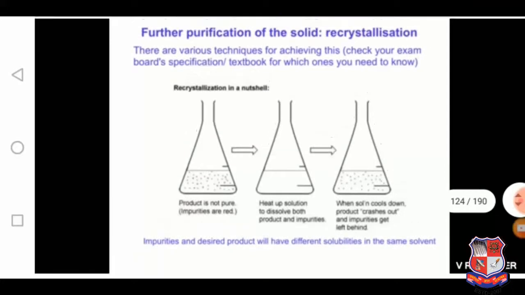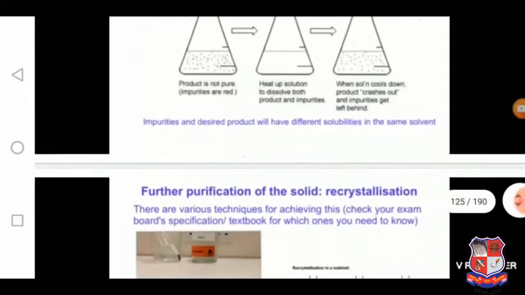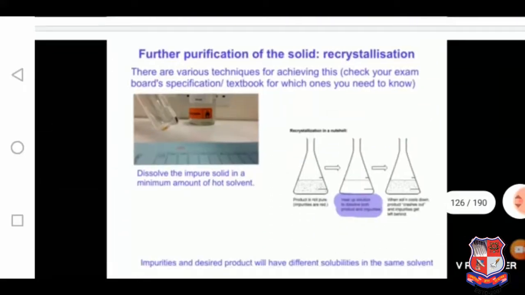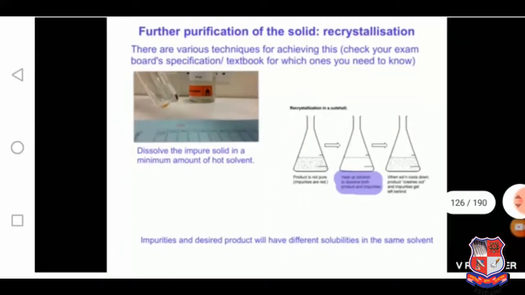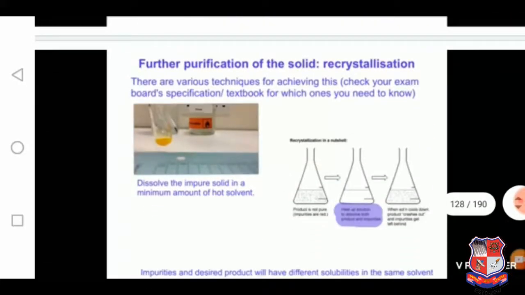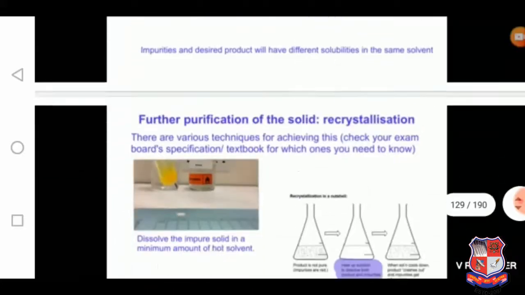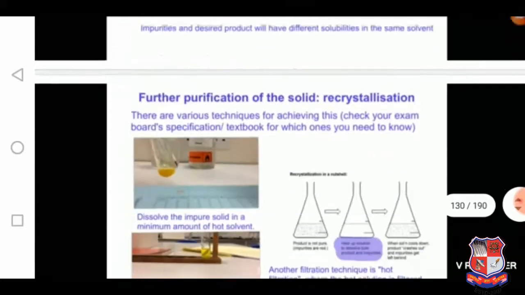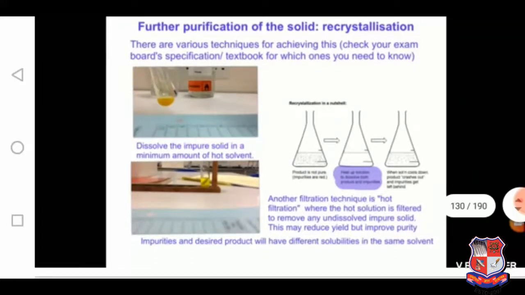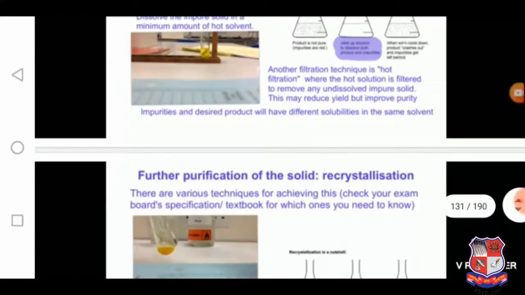The impurities and the desired product have different solubility in the same solvent. So dissolve the impure solid in a minimum amount of hot solvent, and if needed increase the amount of solvent so that it gets dissolved.